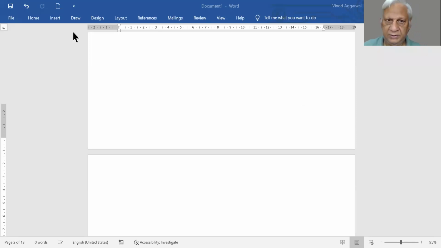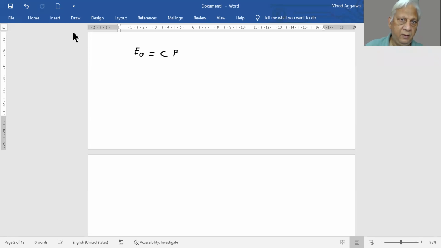Now there is a direct relationship between electrical field and magnetic field. And the relationship goes like this. Electrical field is equal to C times magnetic field. This is velocity of light. This is the magnetic field.